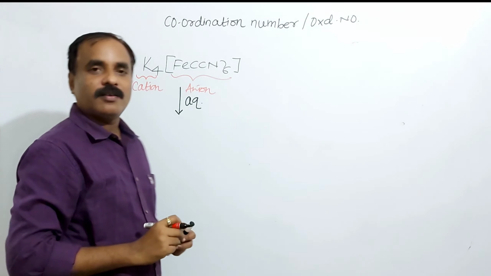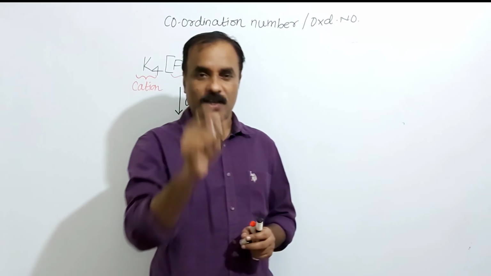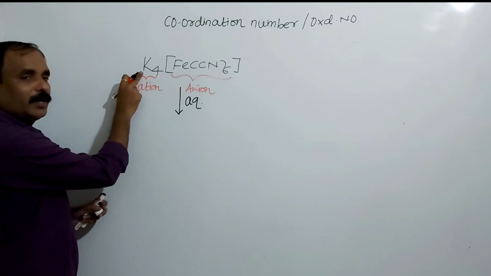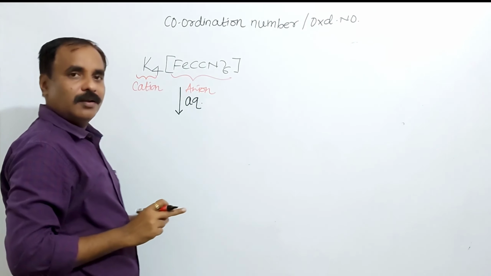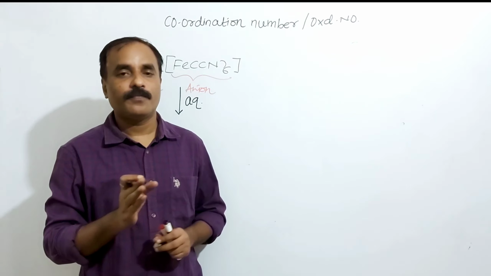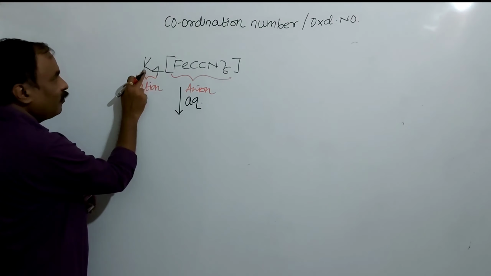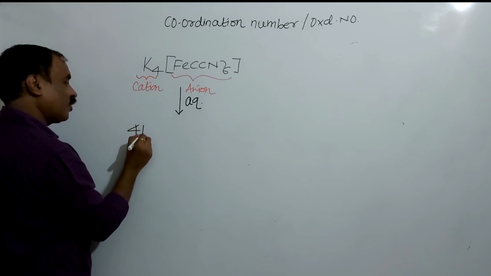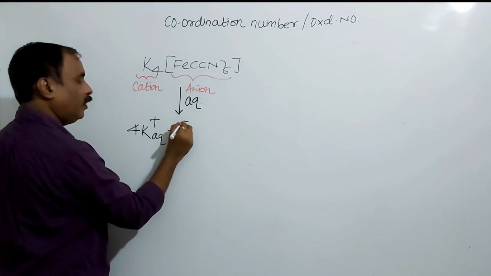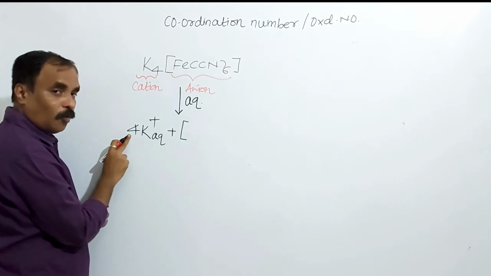Potassium is an alkali metal, yes. And we know that the oxidation number in the case of an alkali metal is +1. How many? 4. That is, 4K+ aqueous. And what is the total positive charge here? 4 into +1, that is +4.